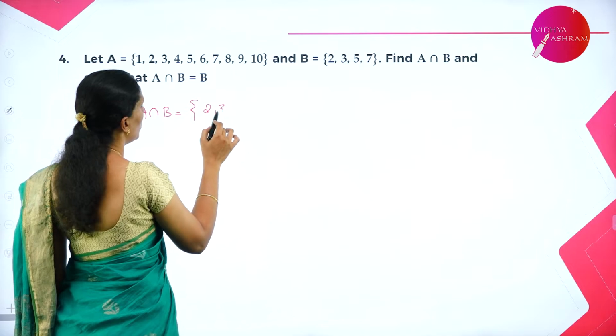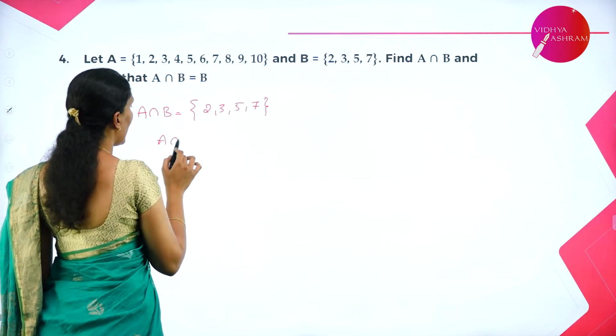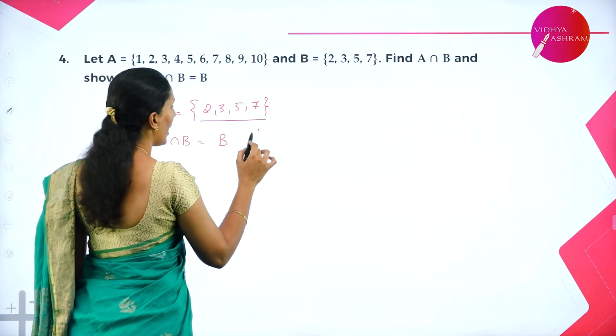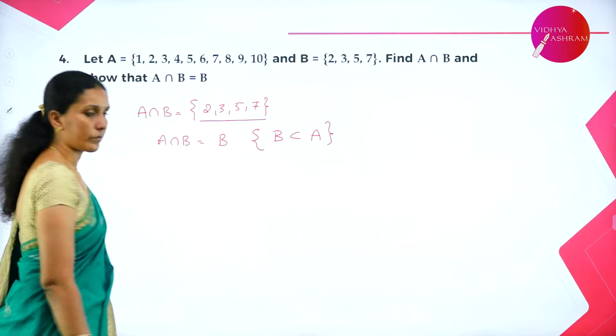That is 2, 3, 5, 7. But clearly you can see A intersection B is the set B itself. So why? Because we can see that B is a subset of A.